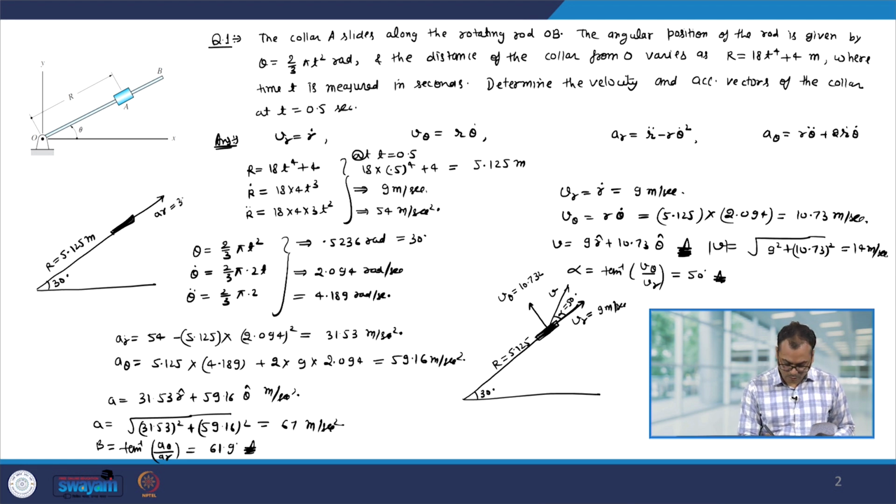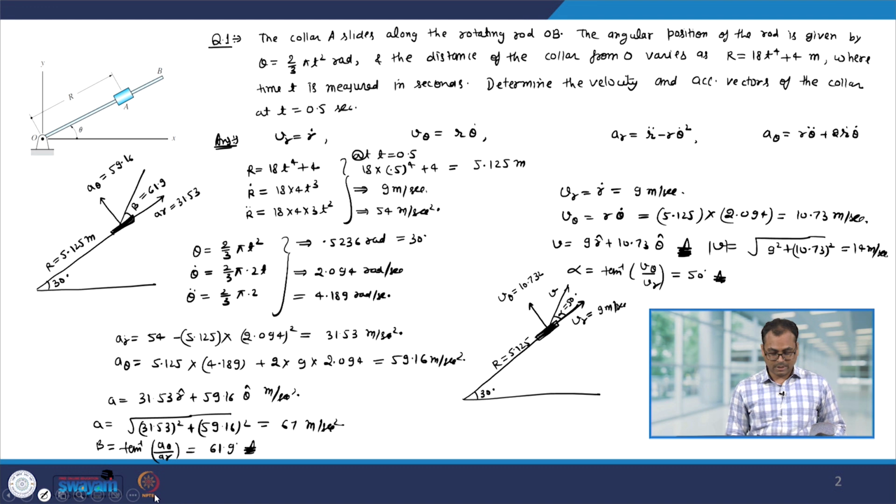It was 31.53, and the theta component A theta was 59.16, and the resultant makes an angle beta, and beta we have found out to be 61.9 degrees, and this was our A. So in this question we have found out the velocity and acceleration when t was 0.5 second.